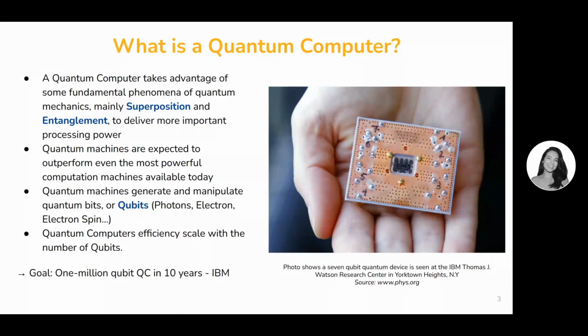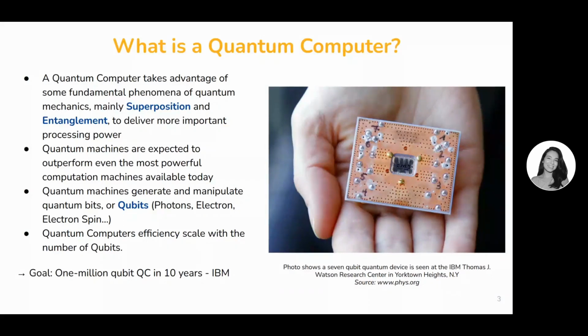So in analogy to conventional computers, quantum computers have an information unit that we refer to as quantum bits. Okay, so we have the bits in conventional computation, and we have the quantum bits in reference to quantum computers. Or in short, we can call them qubits. Qubits, physically speaking, are based on atomic or subatomic particles, such as photons, electrons, or the electron spin, which is an inherent property of the electron.